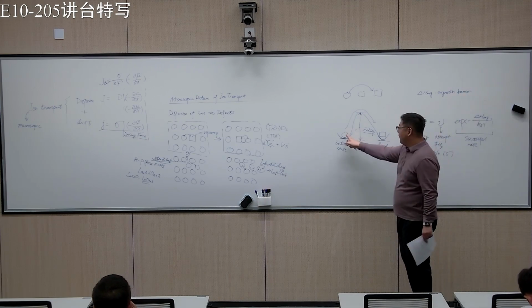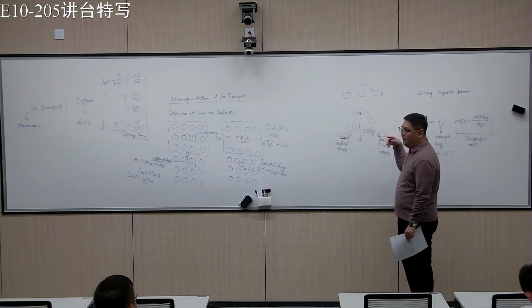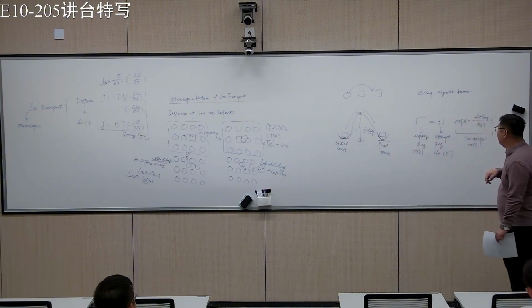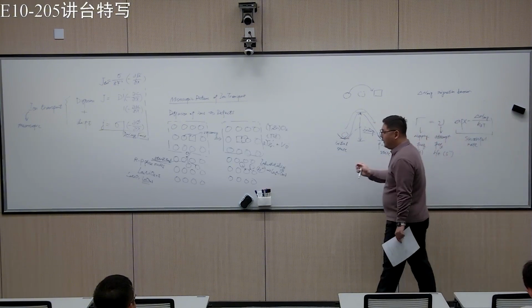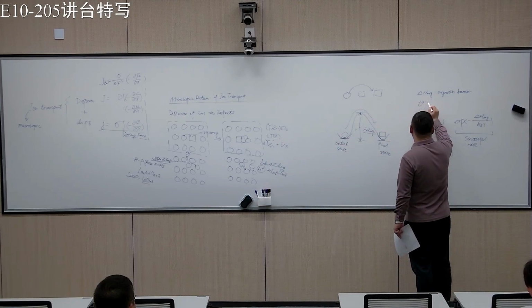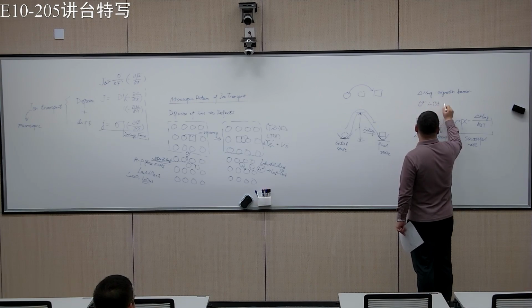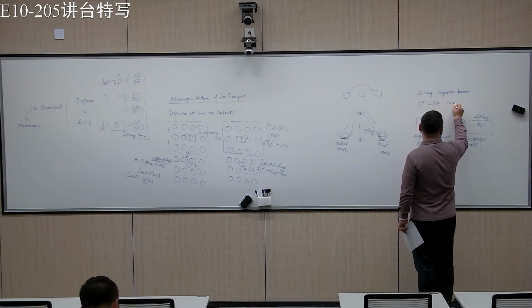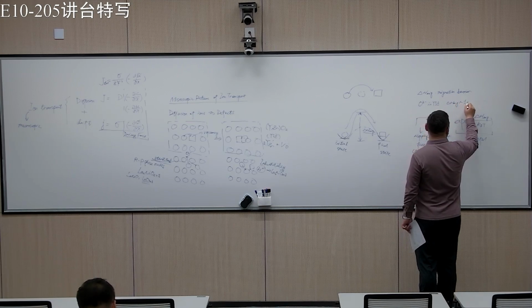So basically, if ions are trying to jump from here to here, what kind of barriers need to be overcome? For example, taking YSZ as an example, if you think of oxygen ions in YSZ, the oxygen vacancy migration barrier delta H is roughly 1 electron volt.